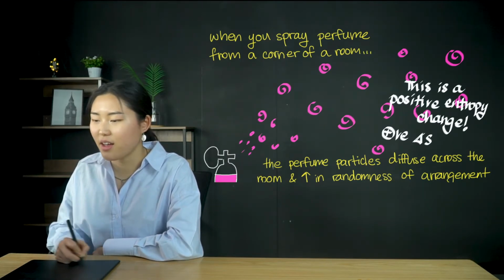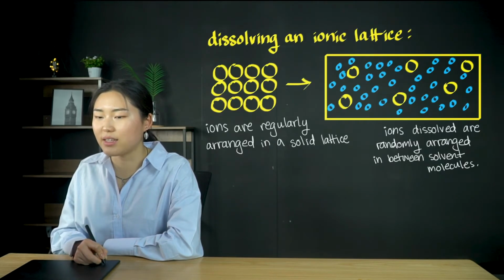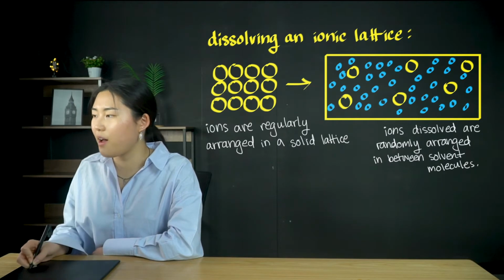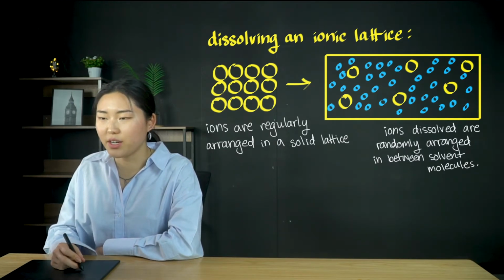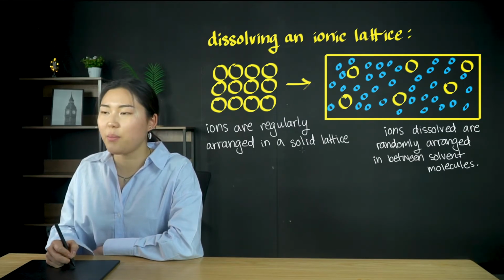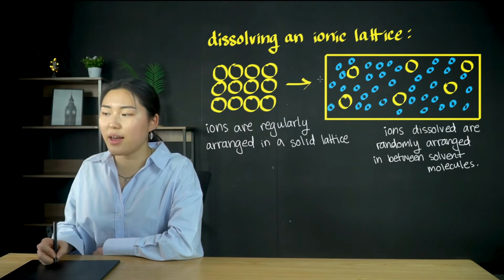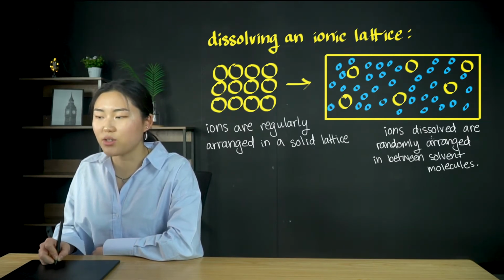The next one is dissolving an ionic lattice. We have a solid ionic compound over here where ions are regularly arranged in a solid lattice. But when we dissolve this, the ions are randomly arranged in between solvent molecules, right?